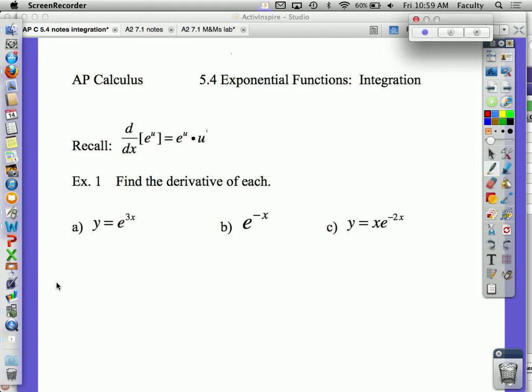This is review. This is what you've done before. But you have to remember the chain rule, okay? Don't forget the chain rule.